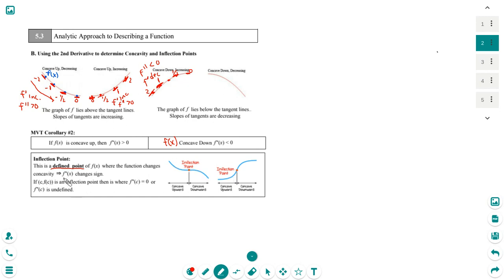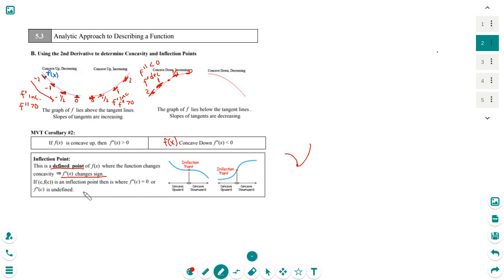And it doesn't have to be a nice smooth curve. You can certainly have a curve like this, concave down and then concave up. So it can be pointy as well. So that's where the second derivative changes sign. That's what we're looking for.